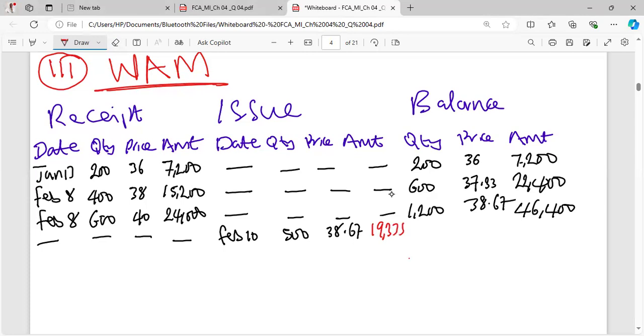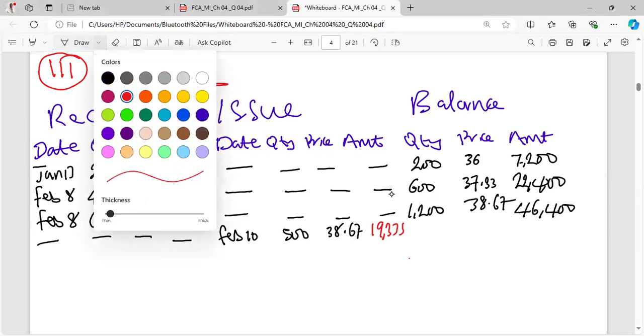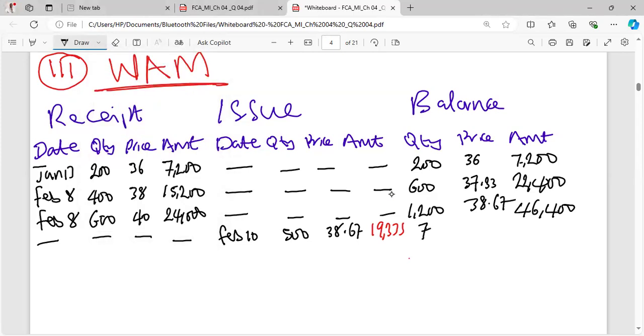So of course, this will become 700, and the price will still be 38.67.